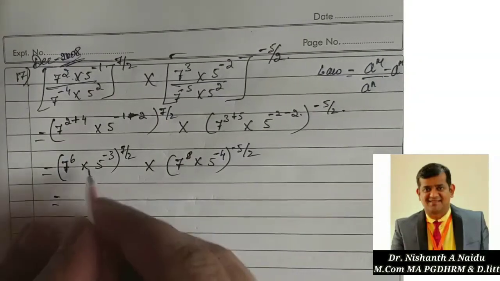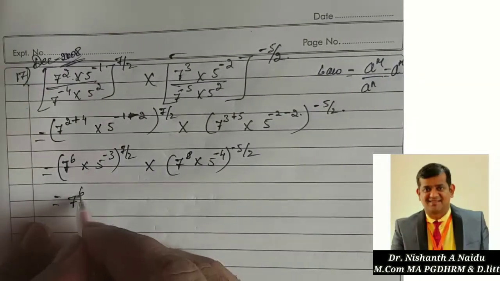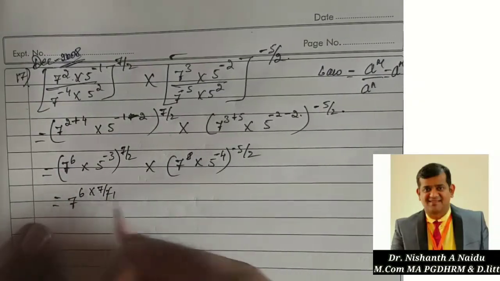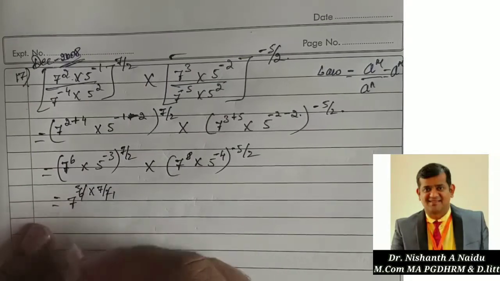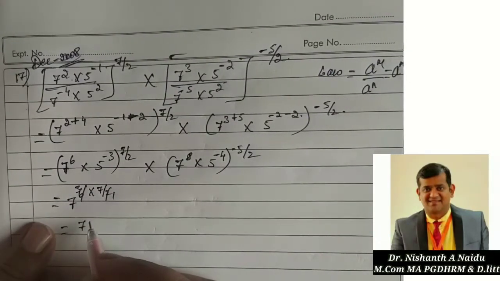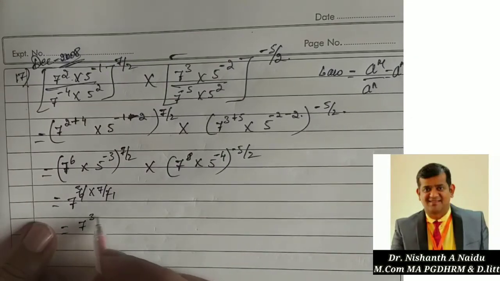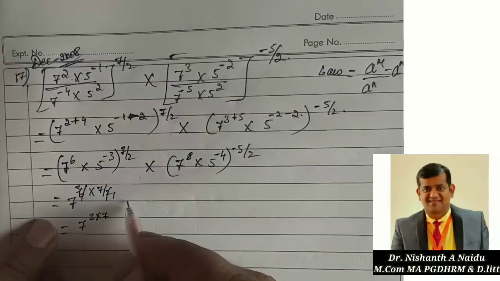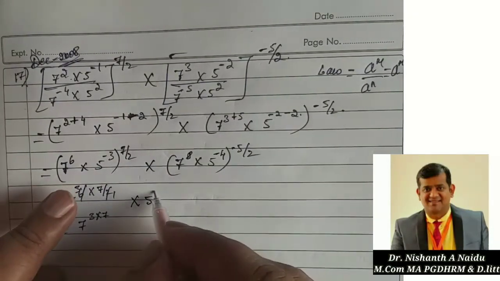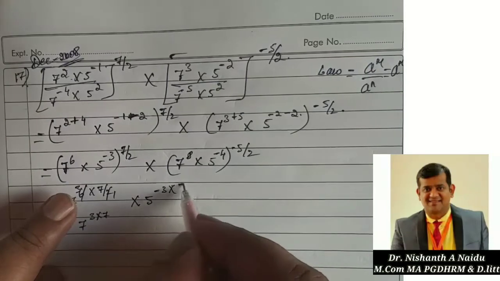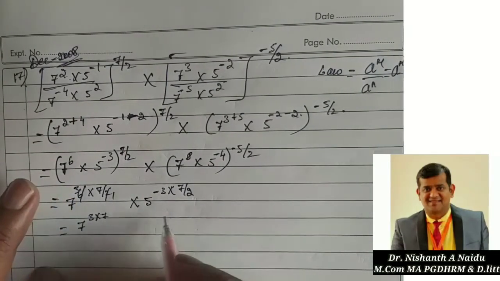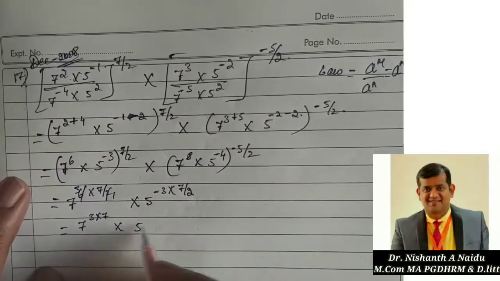Individually we multiply 7 to the power of 6 into 7 divided by 2. So 2 ones are 2, 3 sevens are, so that becomes 7 to the power of 3 into 7. Then 5 to the power of minus 3 into 7 divided by 2, I cannot do anything, so I am copying the same.